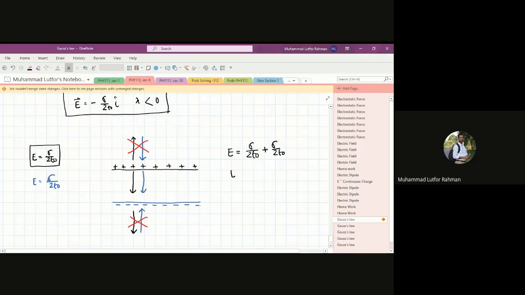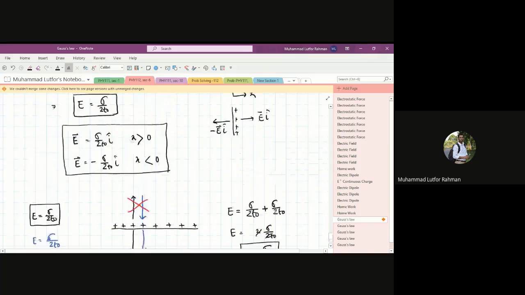Then it should be basically 2 into sigma by twice epsilon naught. These two will cancel out. We can find out it would be sigma by epsilon naught. So that should be basically the electric field strength inside a parallel plate capacitor.